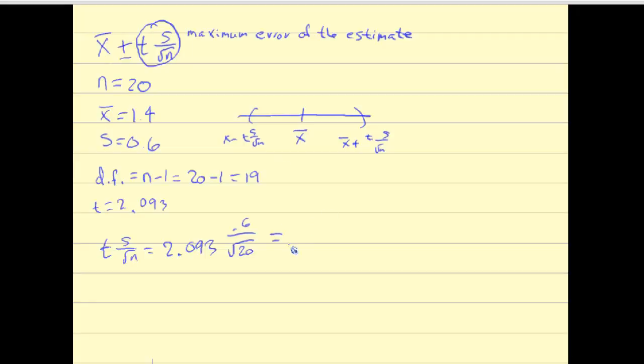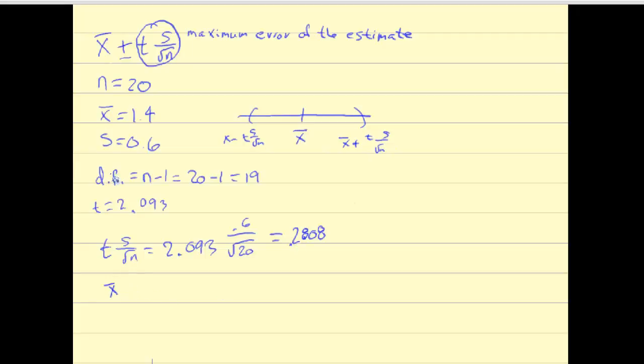For right now, I'll just do four decimal places, and we'll talk about how far we should round in just a second. So what we're going to do is take x bar, and subtract it to get the left endpoint, and then add it to get the right endpoint.